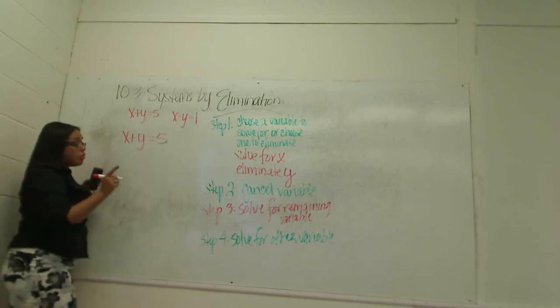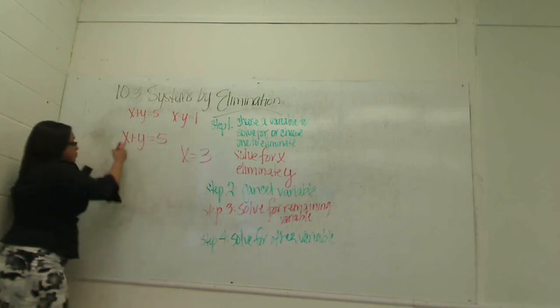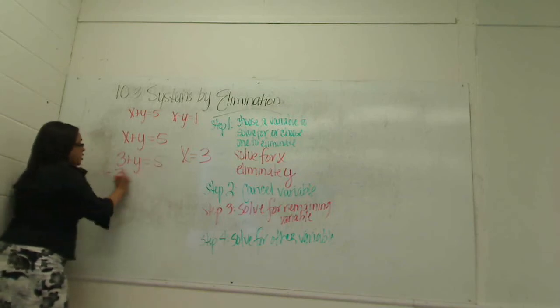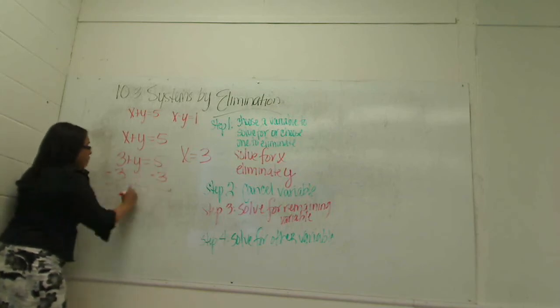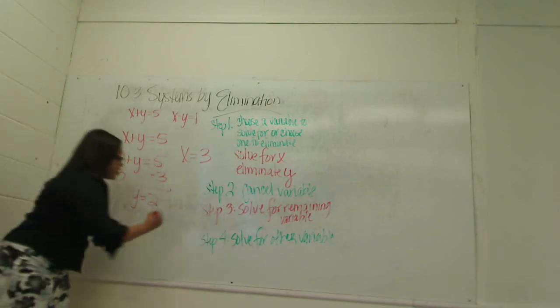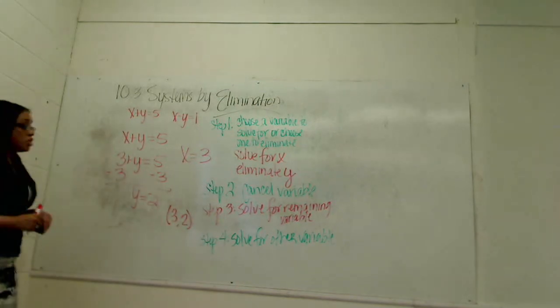I also know from the other work that x was equal to 3. So 3 plus y equals 5. Subtract 3, subtract 3. 5 minus 3 is 2. So now I have solved using elimination. 3, 2 is my solution.